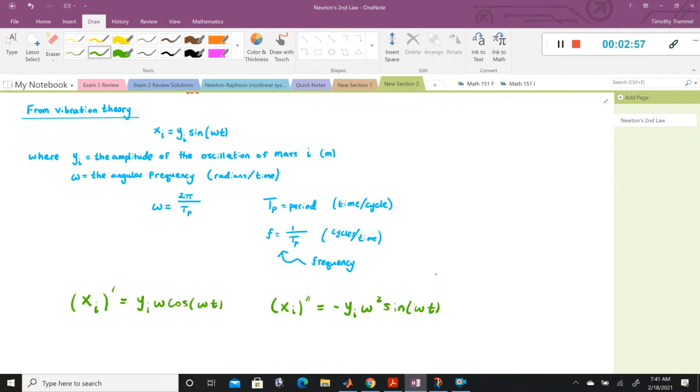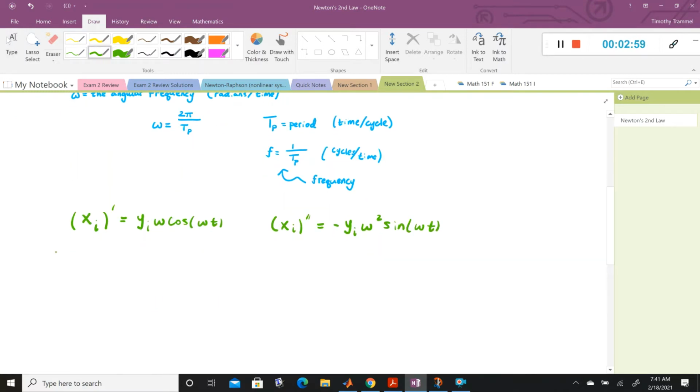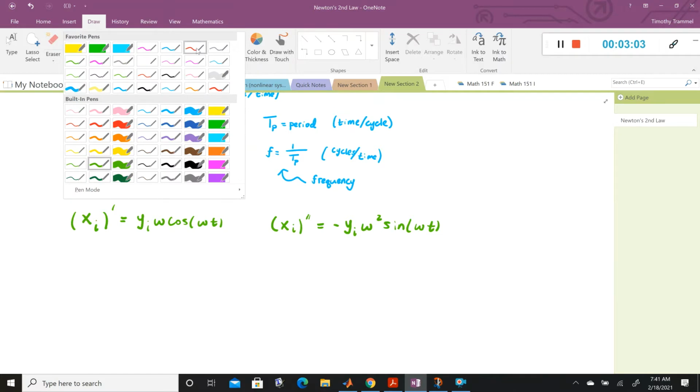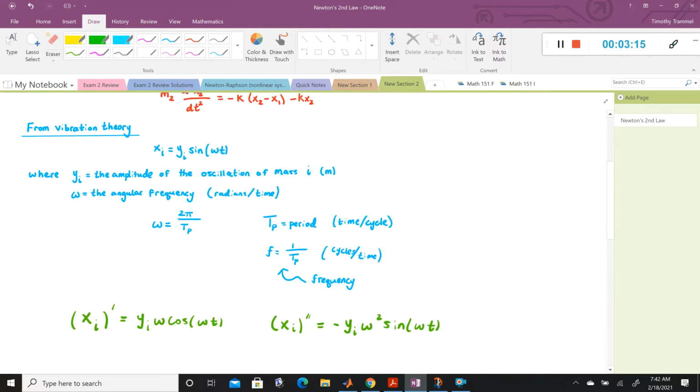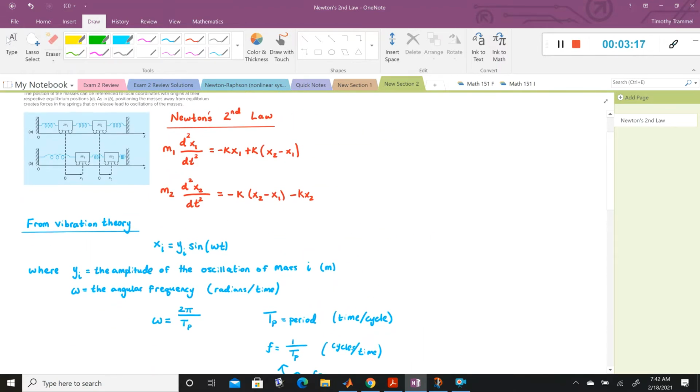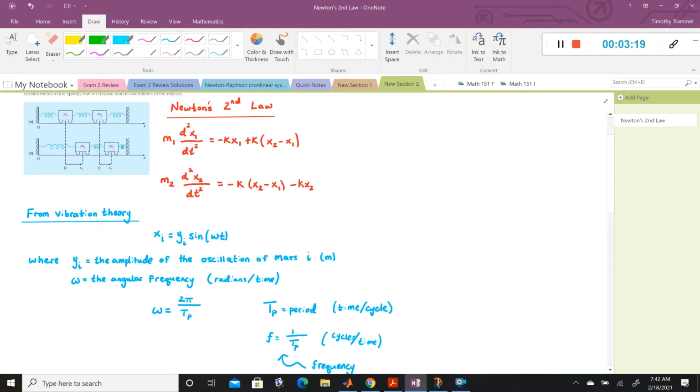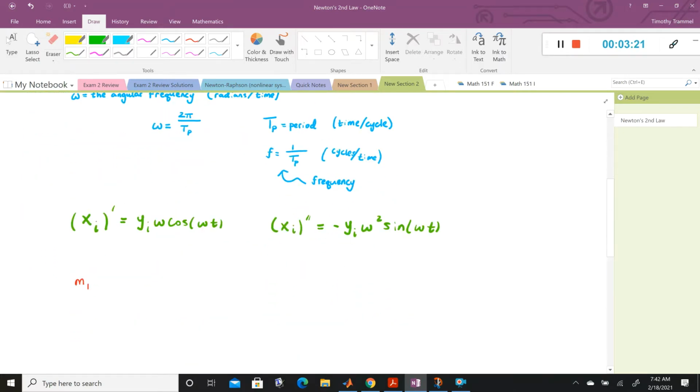And so the first one started off with m1. We're going to start off with m1, and then we wanted the second derivative of x1 with respect to t. Let's go up and see that that's true. Yeah, m1 times the second derivative of x1 with respect to t.